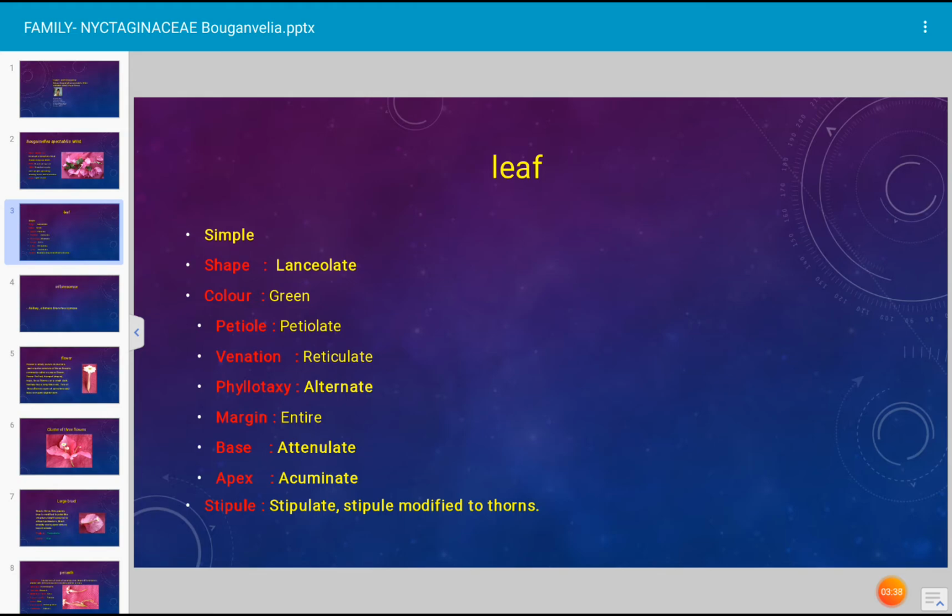The thorn is a slightly bent and pointed structure which helps the plant to climb over other large trees or other plants. If the stipule is present, then that leaf is described as a stipulate leaf. The stipule is modified, but it is a stipulate leaf. Next.